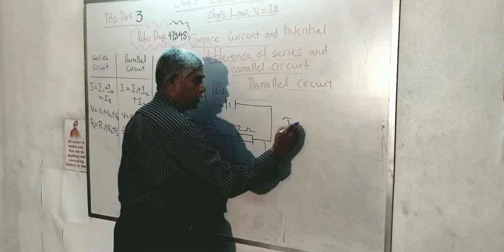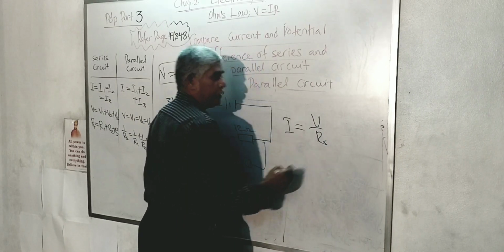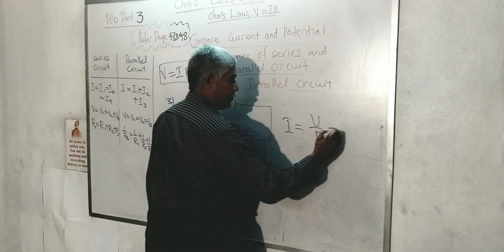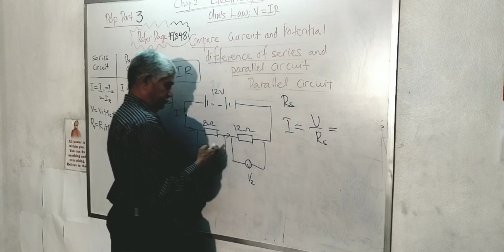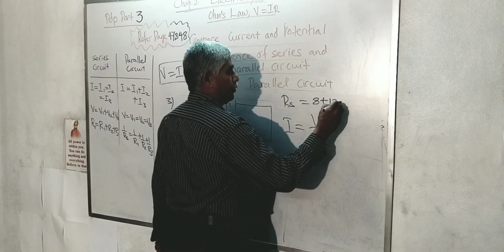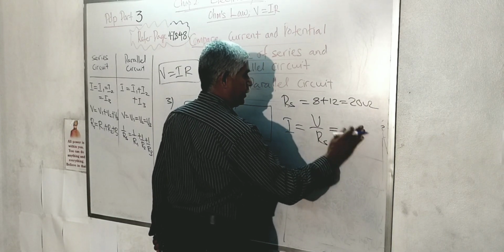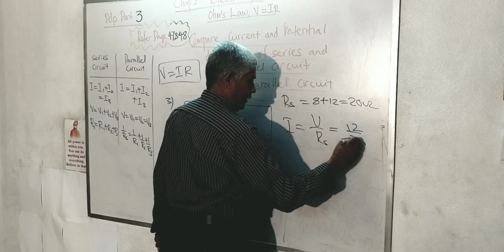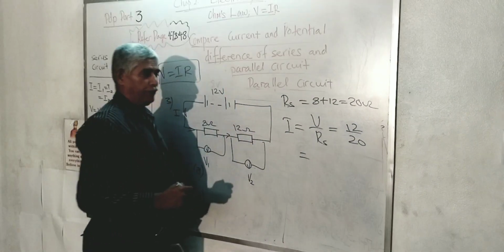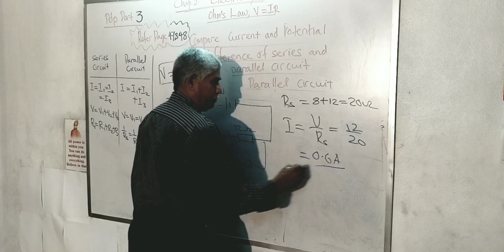I is the total current, so you take the total voltage divided by the total resistance. Total resistance is 8 plus 12, which is 20 ohm. So I is 12 divided by 20, so you will get 0.6 ampere.